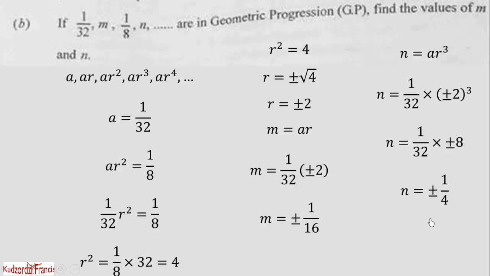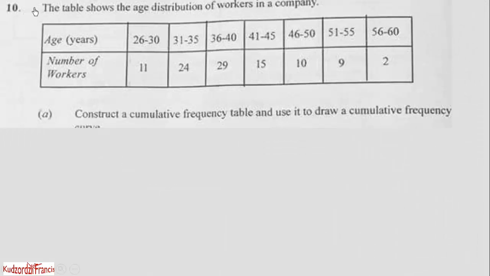The next thing we do is question 10. The table shows the distribution of workers in a company. We have age 26 to 30, 31 to 35, 36 to 40, 41 to 45, 46 to 50, 51 to 55, 56 to 60.